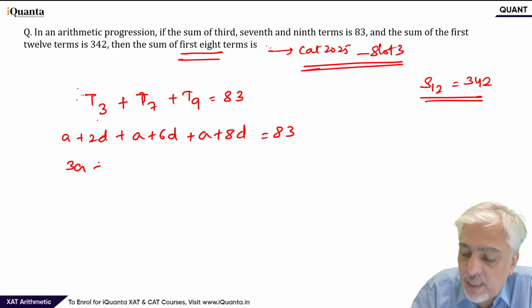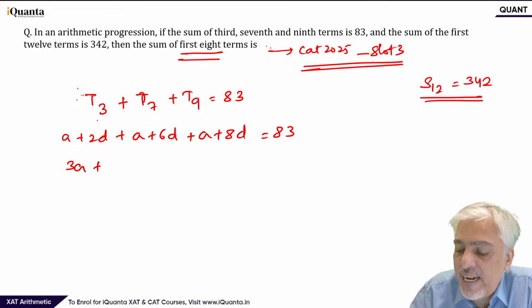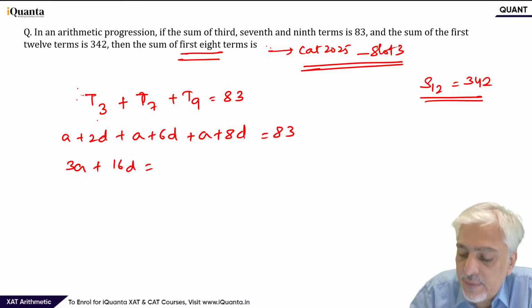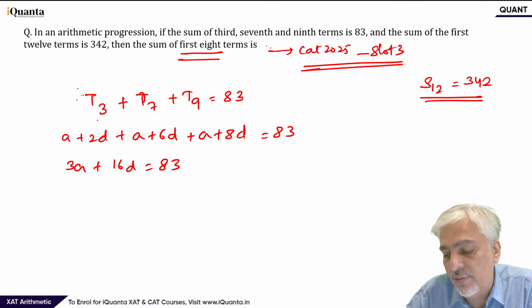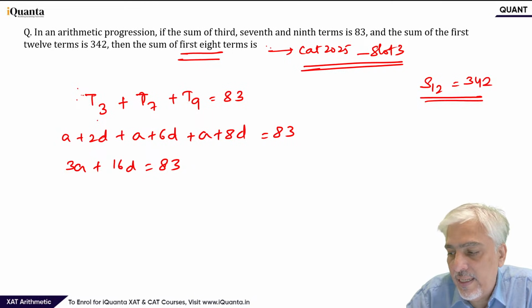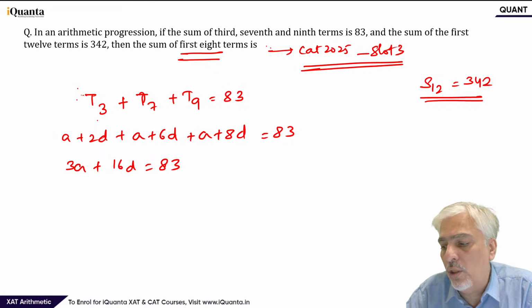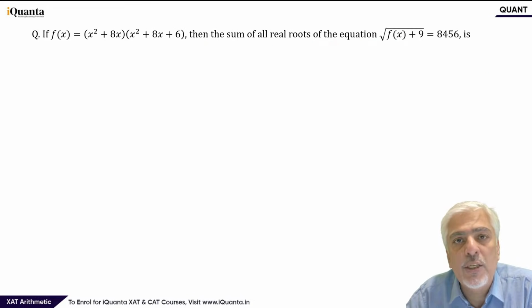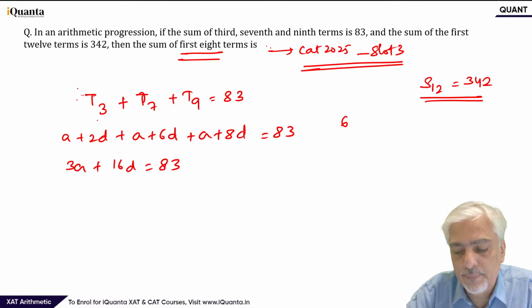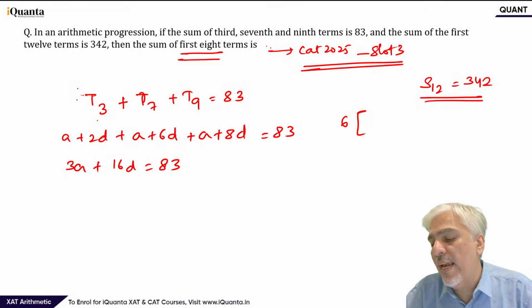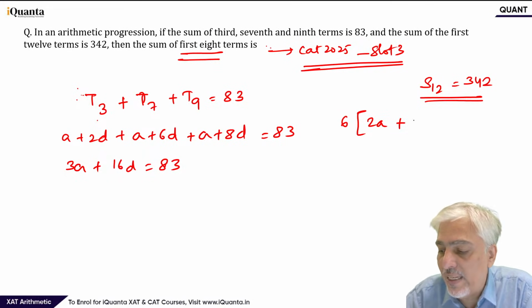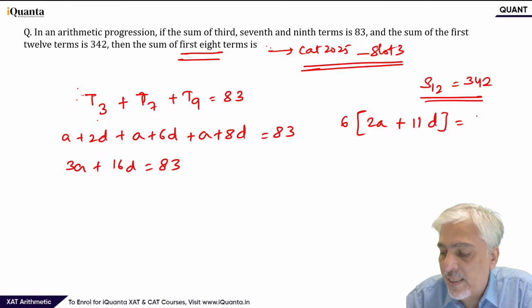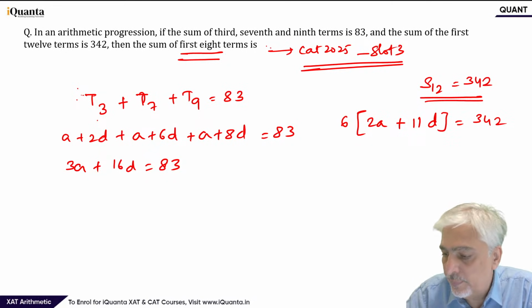That will be 3A plus 8, 8 plus 8, 16D is 83. Okay, S12 is 342. S12 will be what? N upon 2, that is 12 upon 2, 6 into bracket 2A plus N minus 1, that will be 11D is equal to 342.